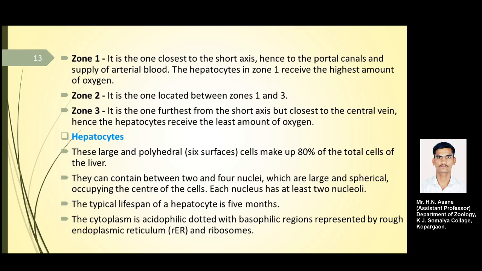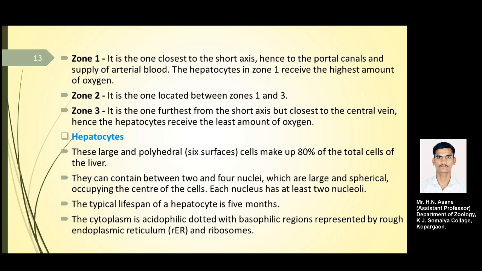Each nucleus has at least 2 nucleoli. The typical lifespan of hepatocytes is only 5 months. After 5 months they are replaced by new cells, as regeneration is continuous in these hepatic cells.